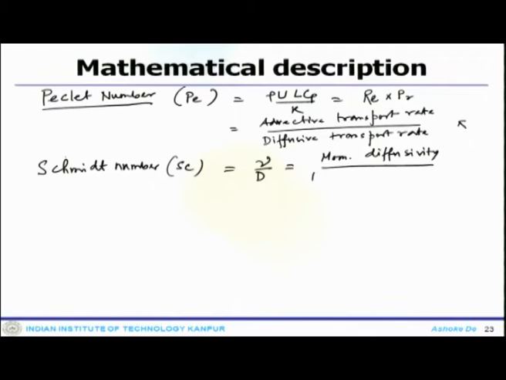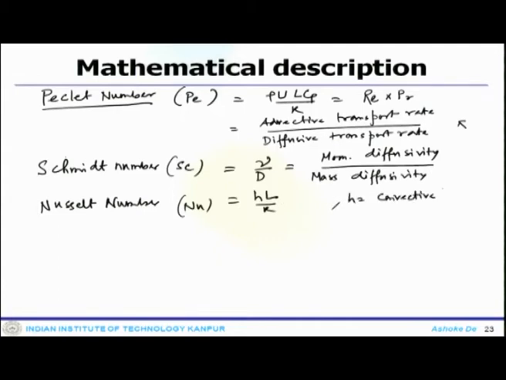This will be another important parameter when people look at the species mass transfer equation. Now, in heat transfer there is a non-dimensional number which you will require, the Nusselt number. Nusselt number is estimated as hL by K, where h is your convective heat transfer coefficient.